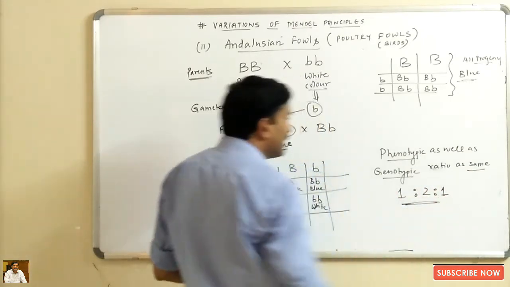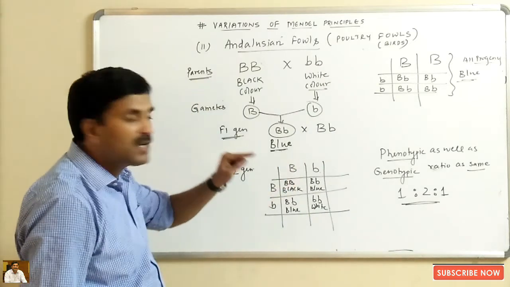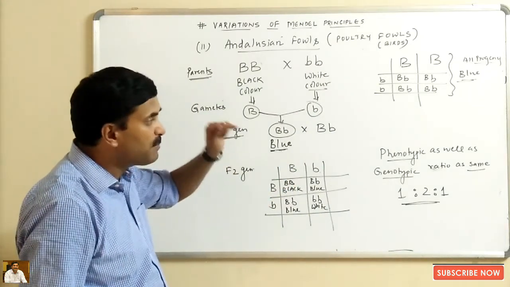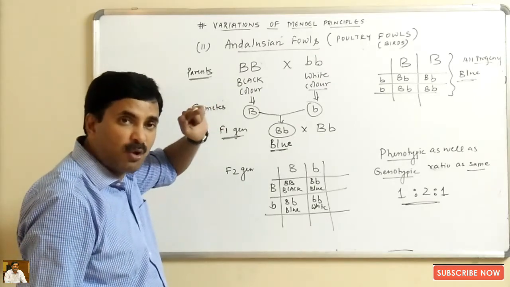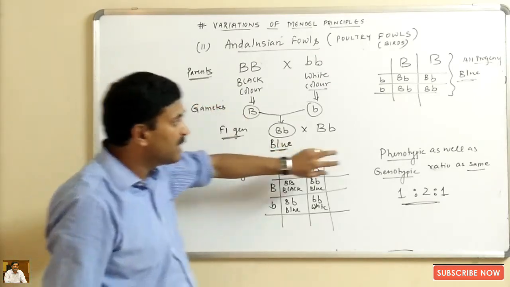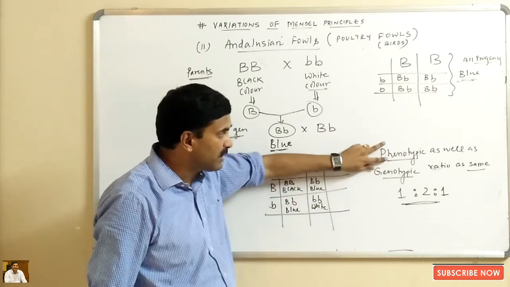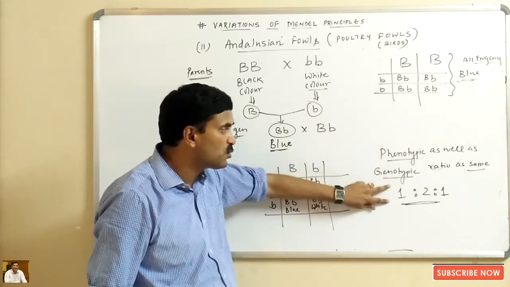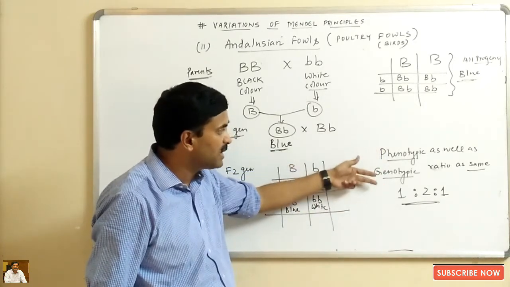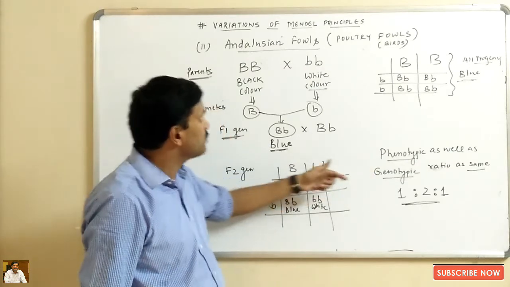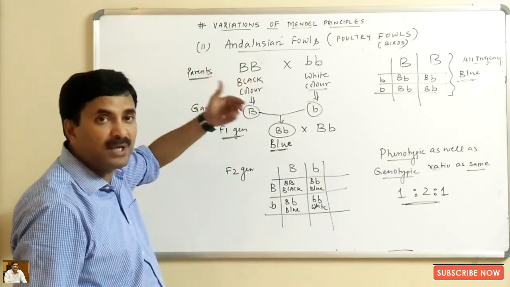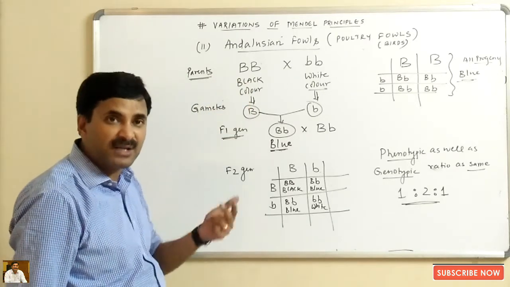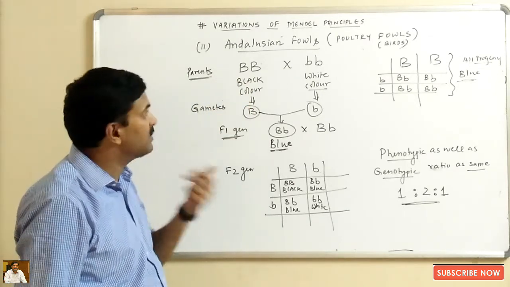Again we can say that it is a deviation from the phenotypic monohybrid cross ratio. There we got 3:1, but here we got 1:2:1. The phenotypic and the genotypic ratio are the same. So we can say that Andalusian fowls also present a good example of gene interaction, intra-allelic gene interaction.